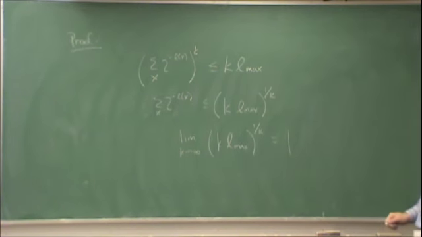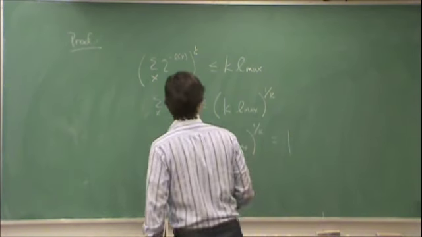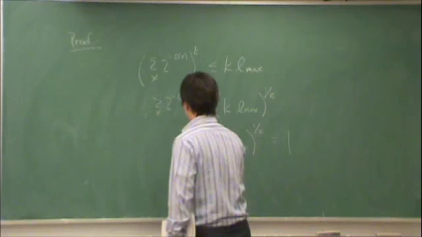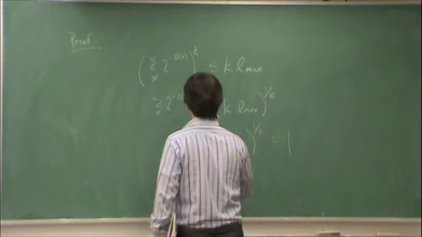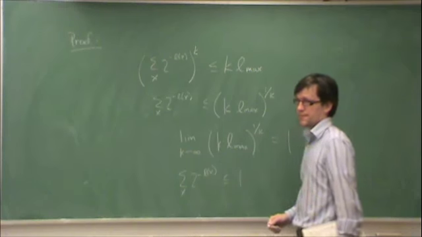So if I pick k going to infinity, this must be true for all k, so it must be true that the sum over x of 2 to the minus L of x is less than or equal to 1, which is the Kraft inequality.